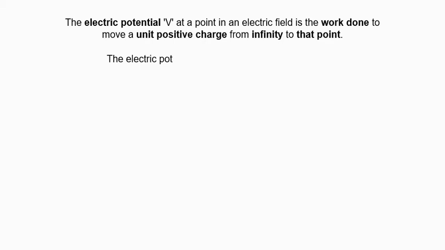Now the electric potential at infinity is assumed to be 0. So before we proceed, there's something I'd like you to keep in mind, that work is force times distance. Now we'll make use of this later.